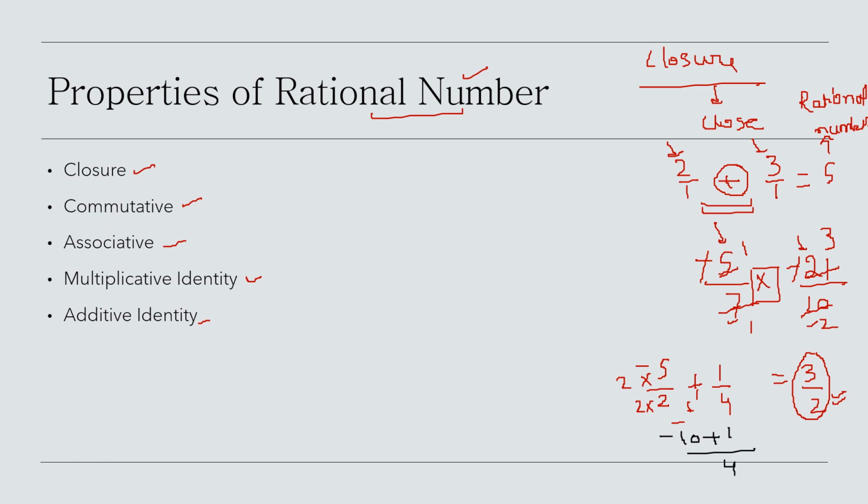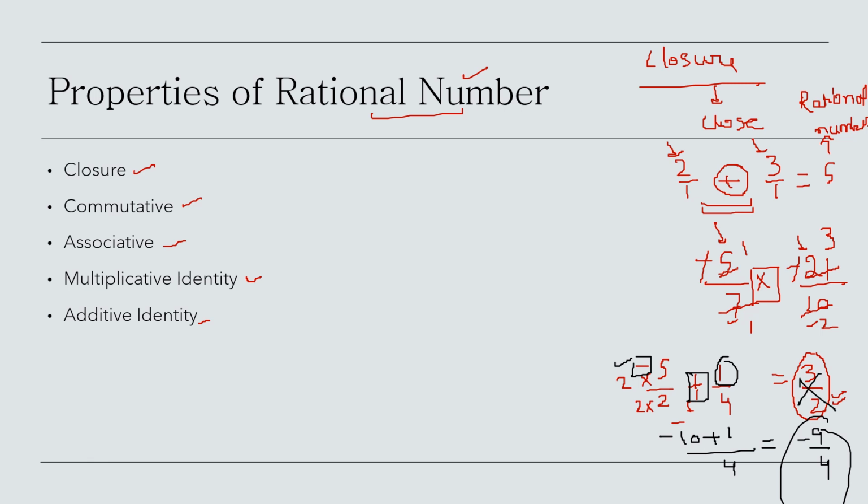Because you are multiplying this with a 2, not this. The numerator has to be the same. So what have you got? Minus 9 by 4. Again, it is a rational number, be it negative or positive. So we can say that closure property is held by the subtraction operation also.